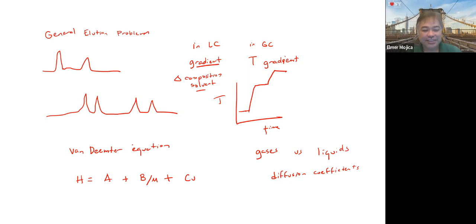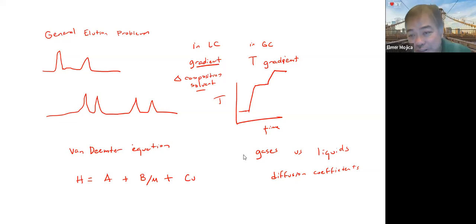So in that case, we could say that gas diffuses compared to the what we call the liquid, and the diffusion coefficients of these gases are usually what? 1,000 times greater than those of the liquids. So in that case, the longitudinal diffusion occurs much faster, okay, in GC than in LC.